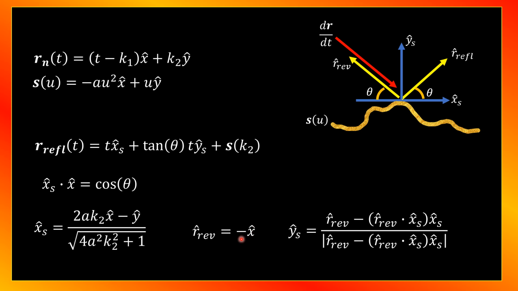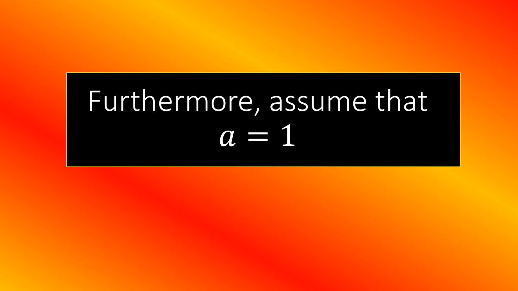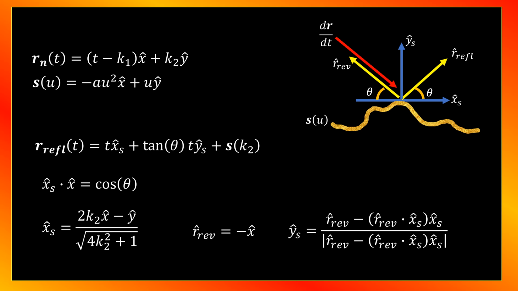I forgot to mention that in the previous slide, but that's what it simplifies to. And finally, we will assume that a is equal to 1, which describes our parabola in the original problem. And we get this set of equations over here.